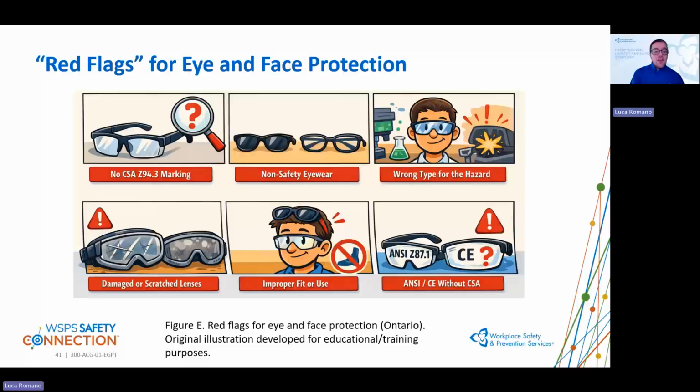When it comes to eye and face protection, some red flags can include no CSA marking. It could be eyewear that is being marketed as safety eyewear, but it's actually just regular eyewear that can't protect against the hazard. Sometimes, let's say you're being sent some type of eye protection that you need for a certain hazard, and the counterfeiter sends you a specific type that isn't rated for the hazard that you need.